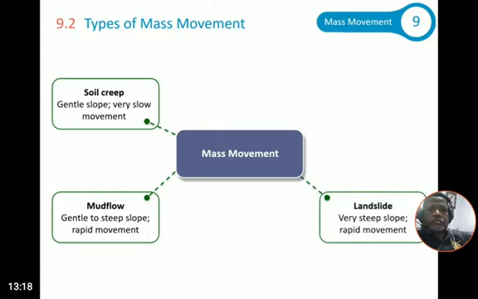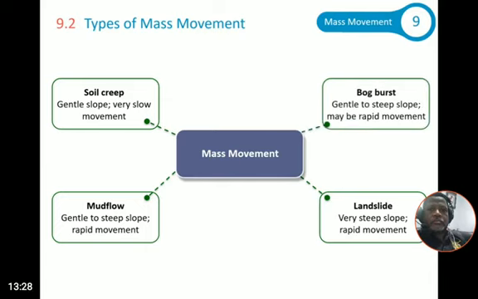Thirdly, we've got a landslide, which we would have heard of before in our volcanoes and earthquake topics. This is a very steep slope, and again, it's very, very fast. And lastly, we have a bog burst, which is again gentle to steep slope, and it may be fast.